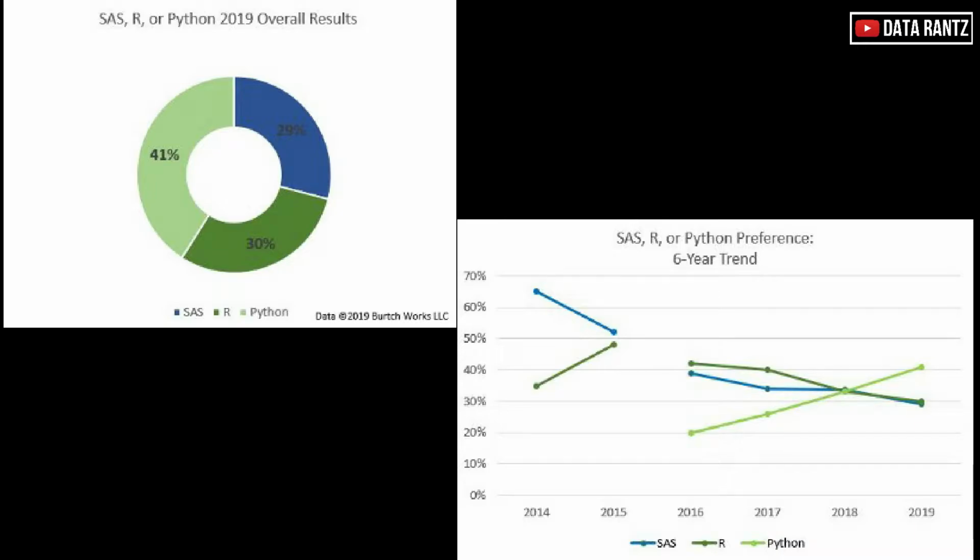And as we can see, there is a 6-year trend based on the survey that has been going on annually by Birchworks, and we notice how Python has systematically grown, and the growth of Python brought about the decline of the other software that has been in use.